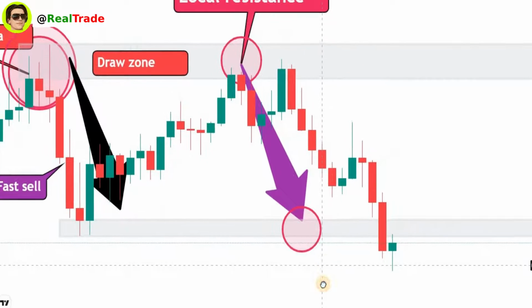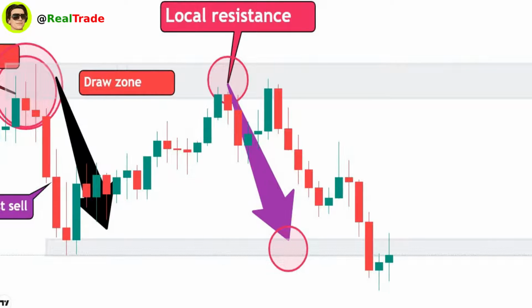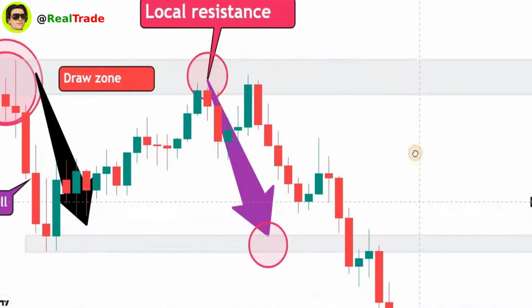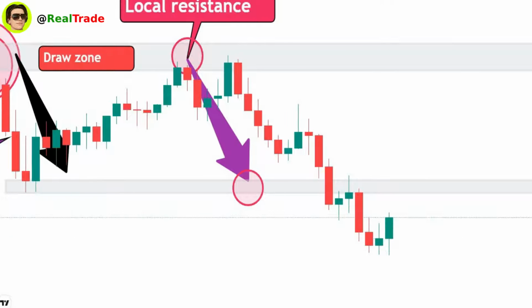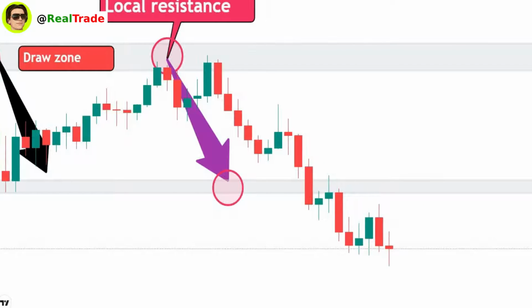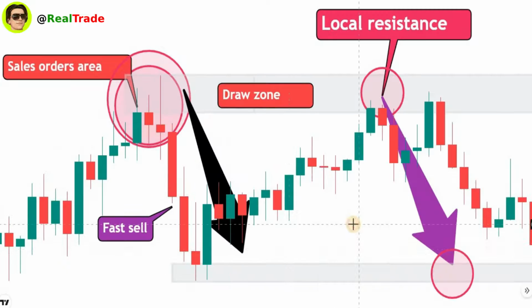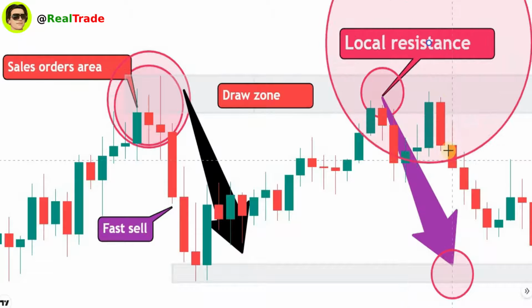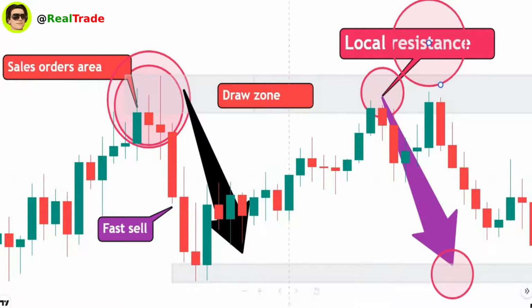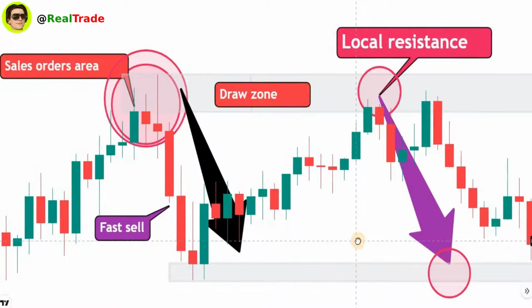This area is local support. Continue, big candle, full candle, sell candle. It's very good. This resistance is very good. Local resistance. Return price on local resistance.